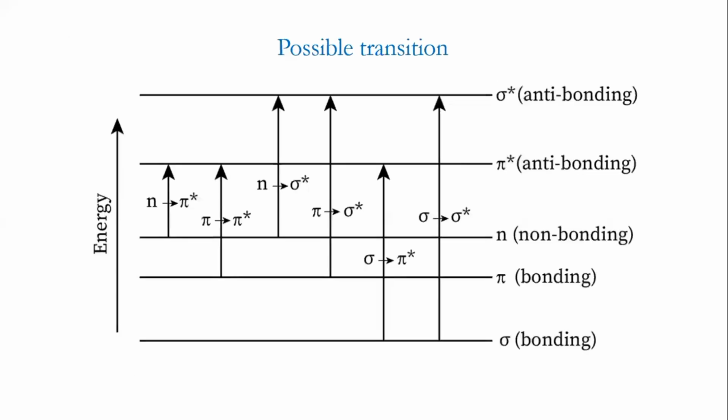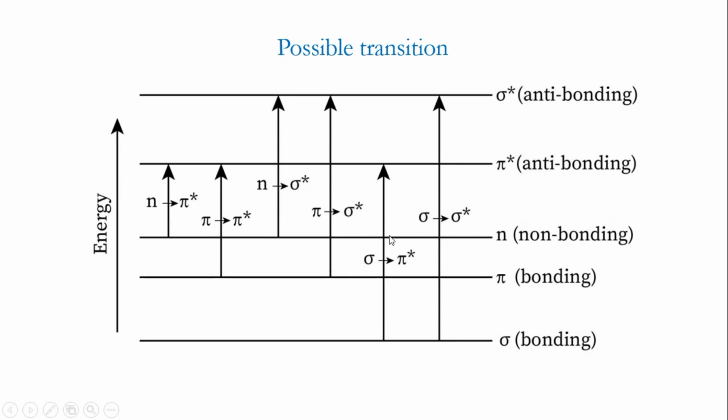All right, so therefore you could have transition from the pi bonding to the pi antibonding. You may have transition from sigma bonding to pi antibonding. You may also have transition from the pi to the sigma antibonding.